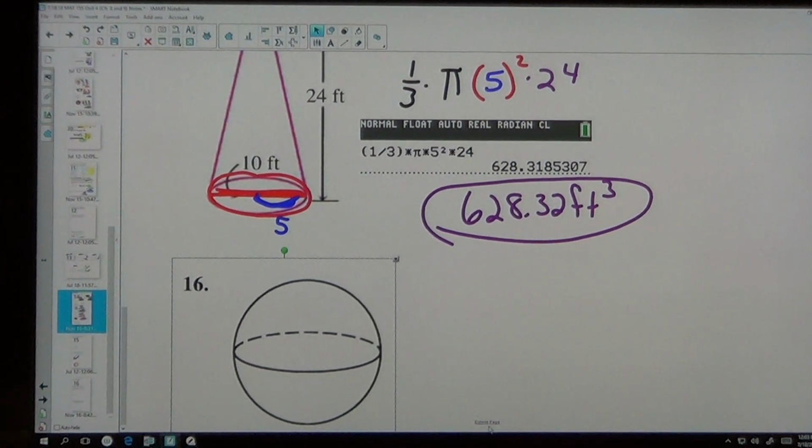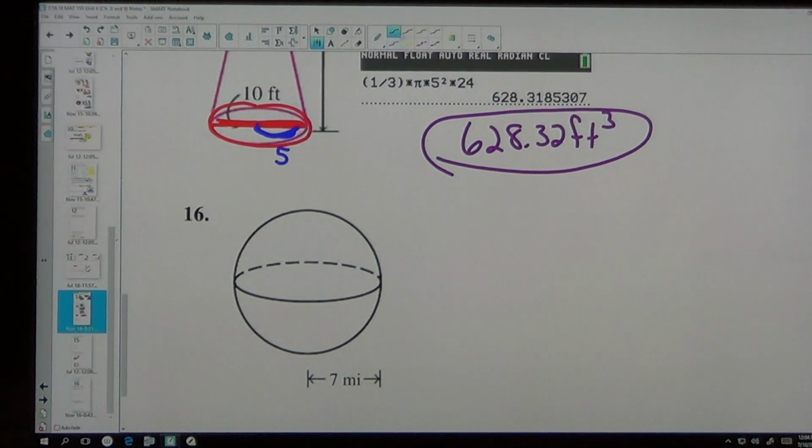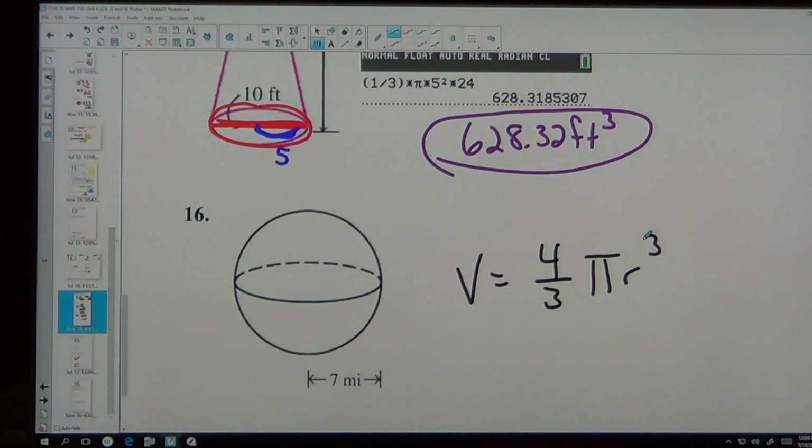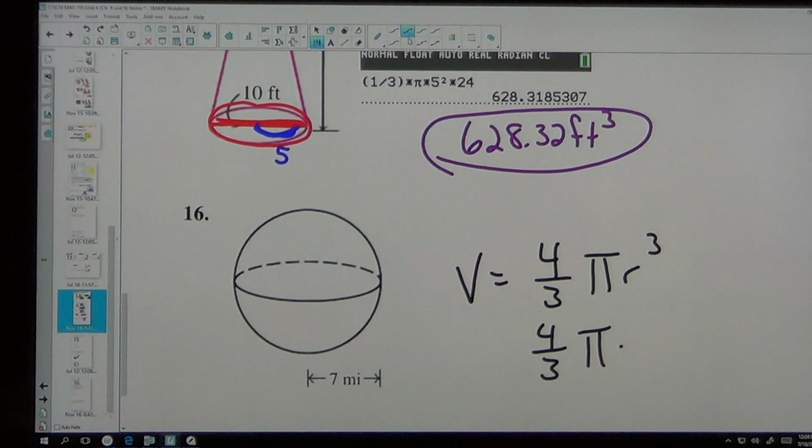All right. The next one is a sphere. The formula for a sphere is 4/3 pi r cubed. So 4/3 times pi, what is my radius? 7 is only going from here to here, so it's 14 across.